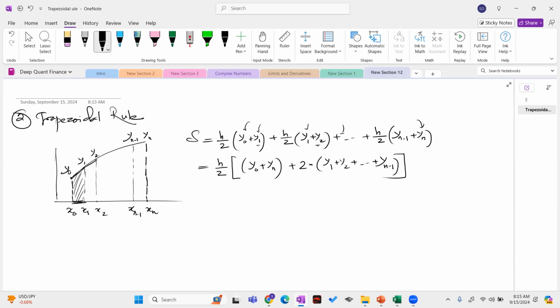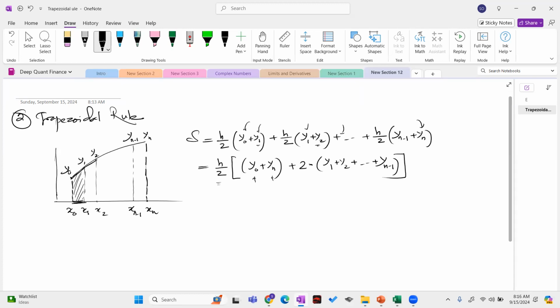It's very easy to program this in any coding language, right? This is how you need to sum. When I'm trying to aggregate, I'll take h by 2 times all of these y coordinates starting from y0, y1, y2, y3 up to yn. All the y values are there.